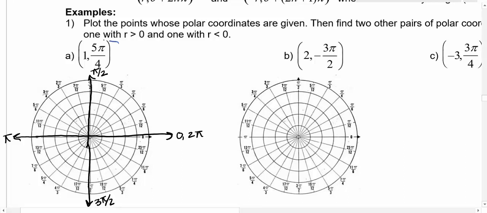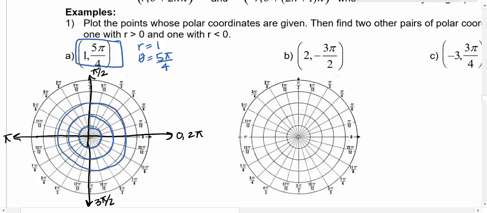So we're going to plot some of these. So the first one we're going to plot is 1, 5 pi over 4. Okay, and then we'll find 2 other pairs, and I'll read those directions with you in a second. But we're going to plot this first. So it has a radius of 1, and it has an angle of 5 pi over 4. So each of these circles, here's a circle with radius 1, here's a circle of radius 2, here's a circle of radius 3, and so forth.